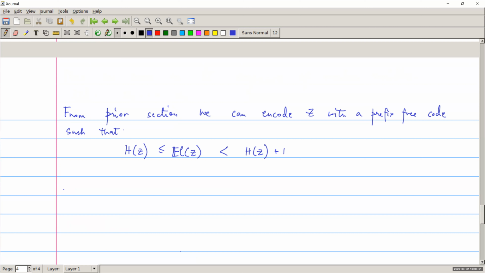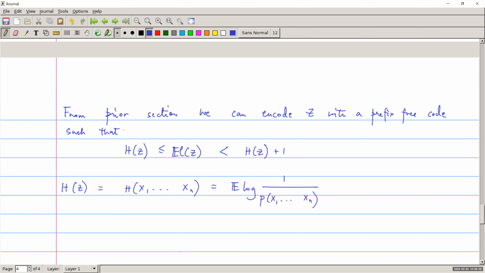But what is h of z? h of z is the entropy of x1 through xn, and x1 through xn are IID. So this is the expectation of log of 1 over the probability of x1 through xn.